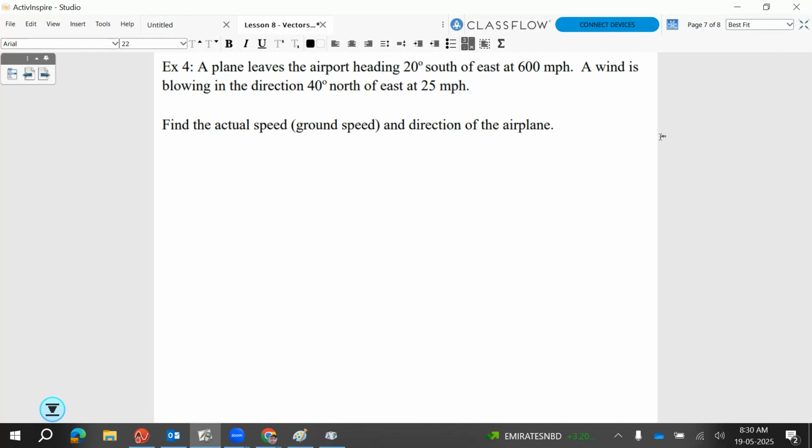So we want x squared is equal to 25 squared plus 600 squared minus 2 times 25 times 600 times the cosine of 120. Put this into your calculator and find your value for x now. Have a go at that now.